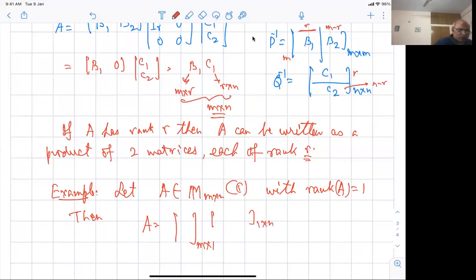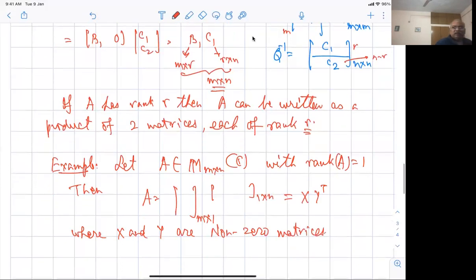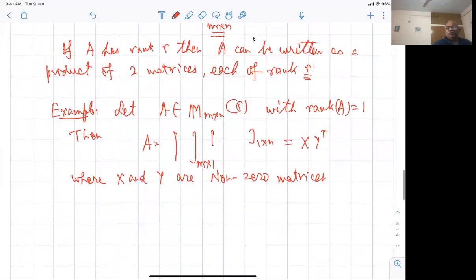So it is just a product of two vectors, x and y transpose, where x and y are non-zero vectors. This is very important. Even though the M cross N matrix looks big, what we are saying is that I can write it as a product of only two vectors, x and y.